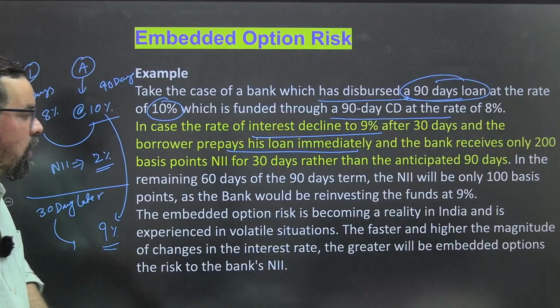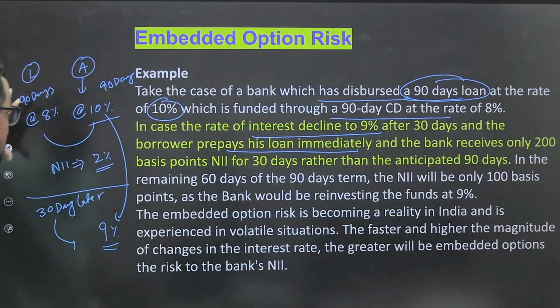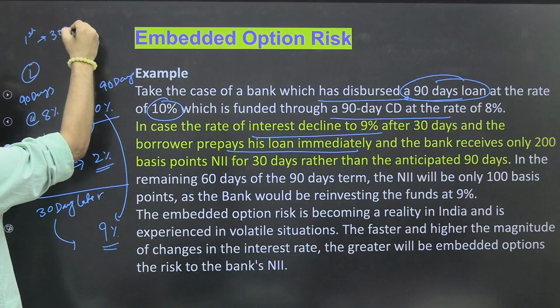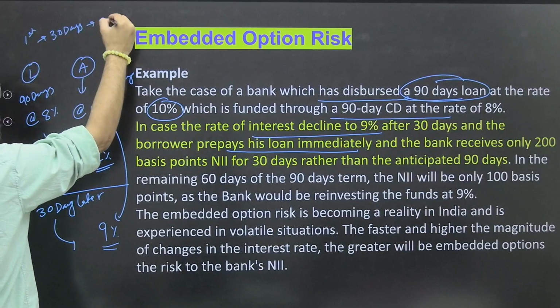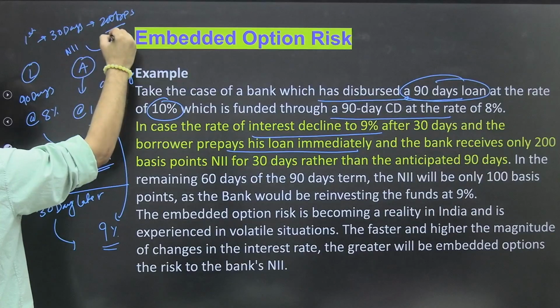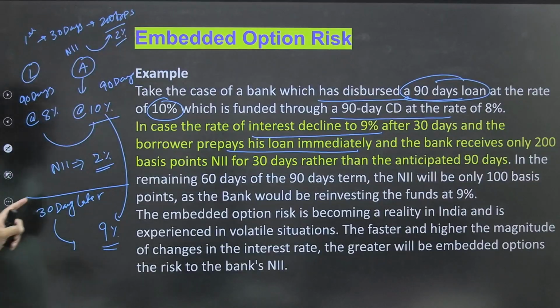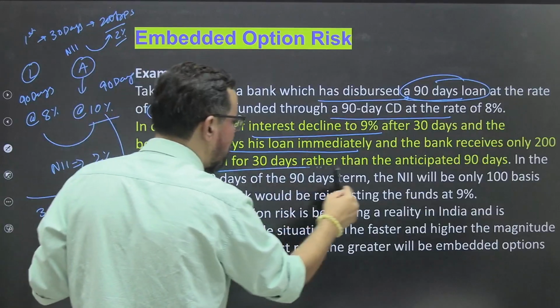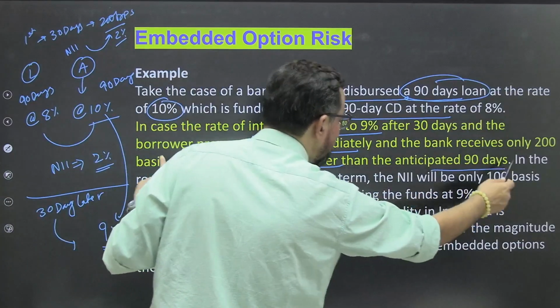Now see, for the first 30 days we will get 200 basis points or 2%. So our NII will be 2% for the first 30 days. The bank received only 200 basis points for 30 days rather than the anticipated 90 days.